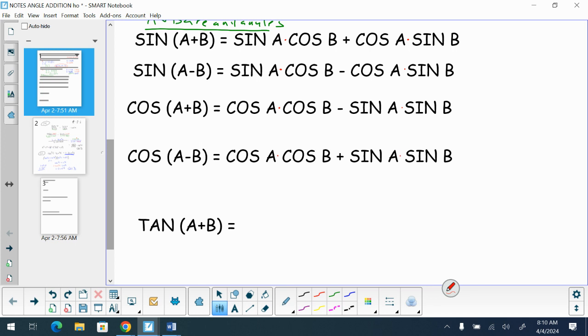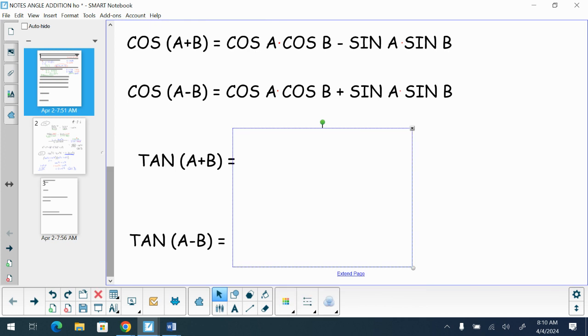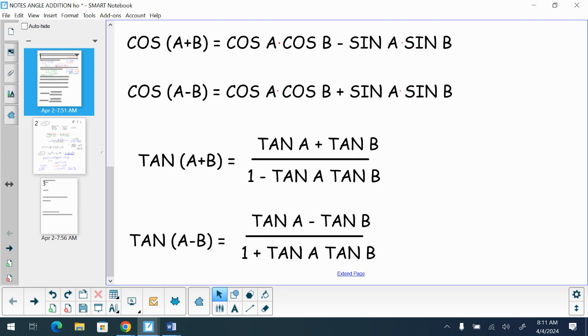And when we have tangent, tangent of a plus b, we have tangent a plus tangent b on top, and then 1 minus tangent a times tangent b on the bottom. And then for subtraction, we just change our signs around again.